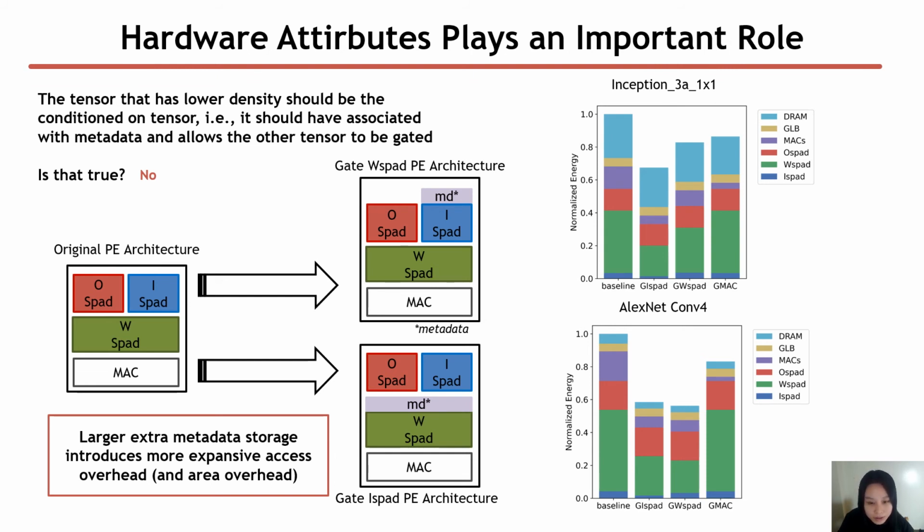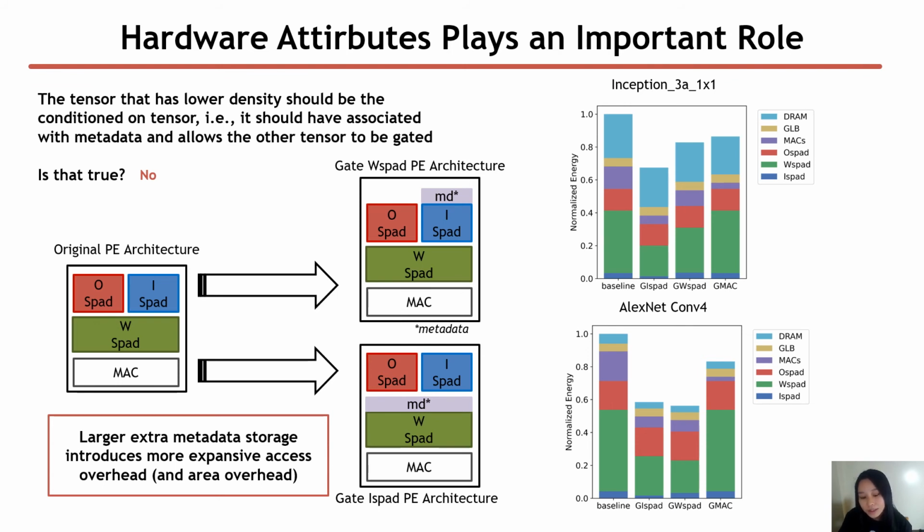And this essentially is telling us that we have to consider the hardware cost of a sparse optimization as well, because it gives us a lot of variation if you change the architecture in different ways. And you probably have also noticed that we are not doing ISO area. So for each instance, we're introducing a different amount of extra hardware.